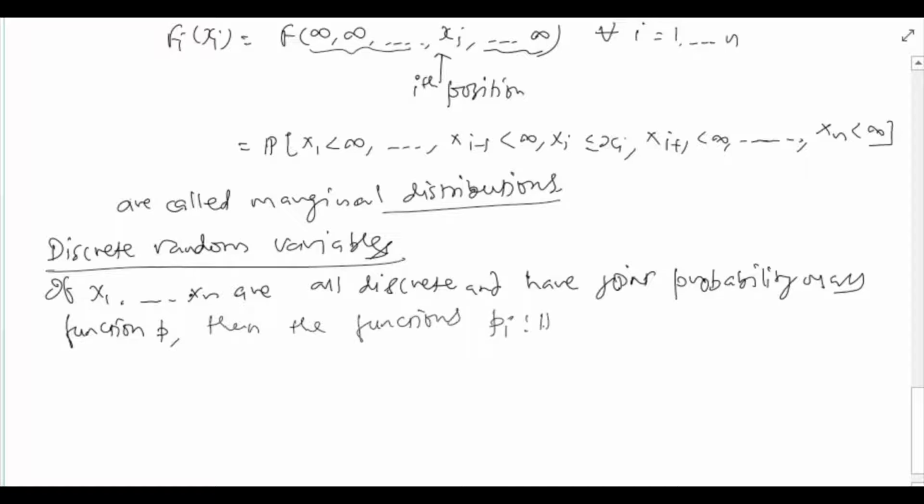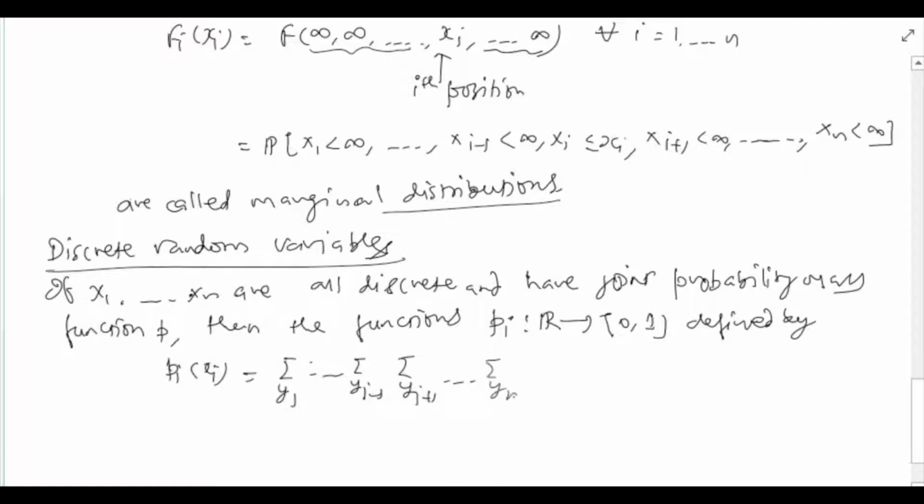pi, and these are functions from R to [0, 1] defined by pi of xi is summation over all y1 dot dot dot yi minus 1, yi plus 1 dot dot dot yn of p of y1 dot dot dot yi minus 1, xi, yi plus 1 dot dot dot yn.